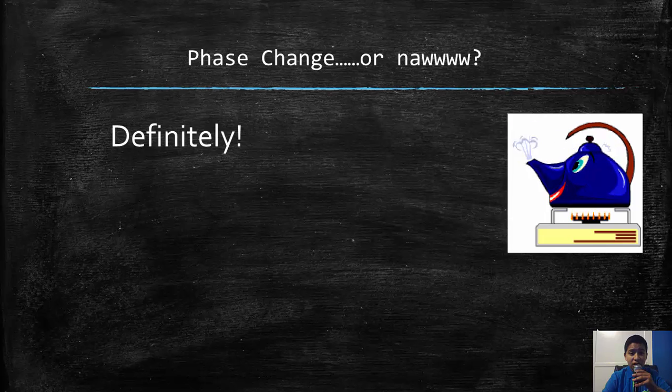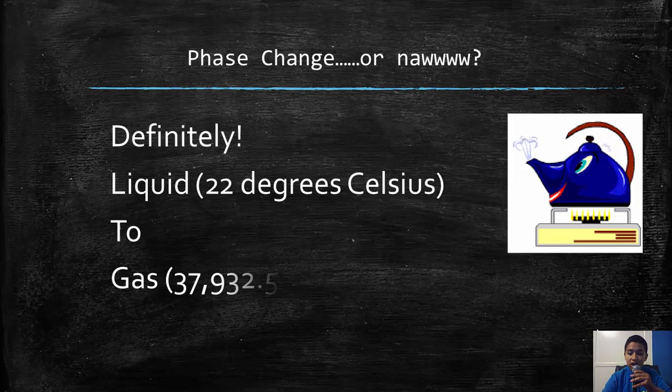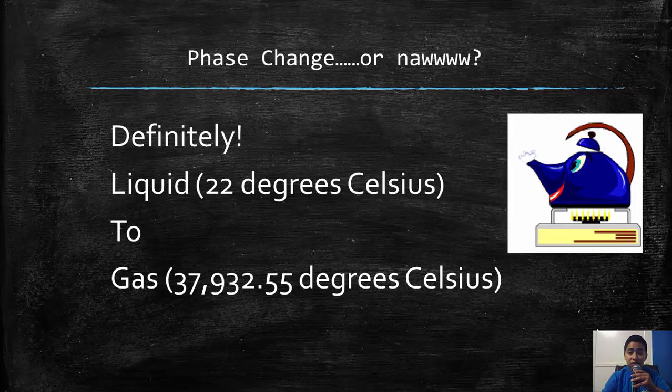Definitely. Since we started our process with a liquid at 22 degrees Celsius, which is room temperature, and it went through a phase change from a liquid to a gas, it went through a heat transfer of energy. The heat transfer came from the chemicals stored in the chamber, and that chemical was exothermic because it was giving off heat energy. We know this because of the negative answer that we got in the change in enthalpies.